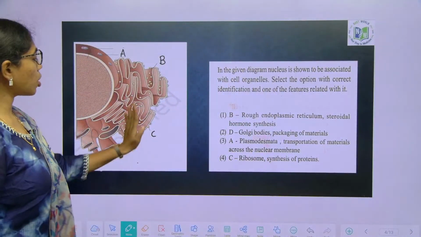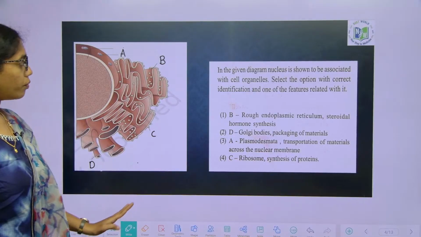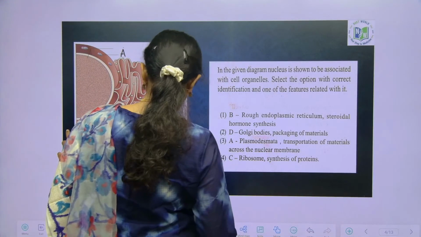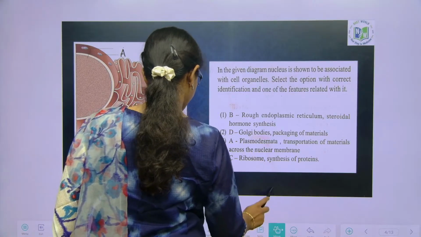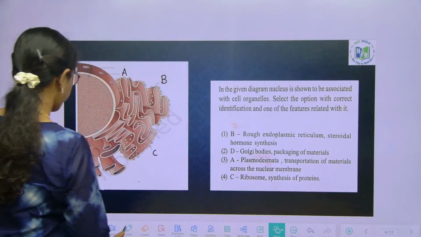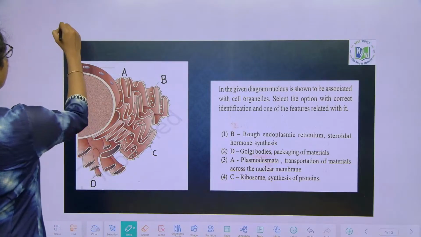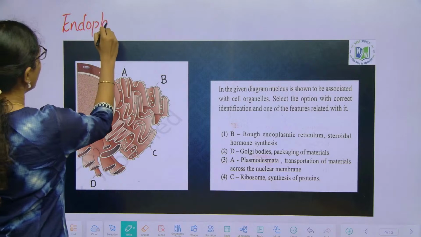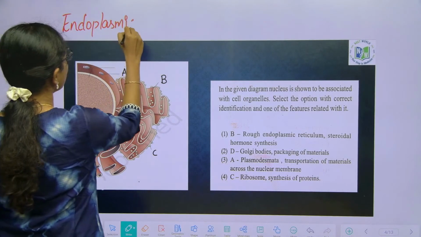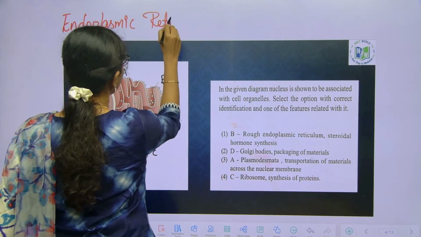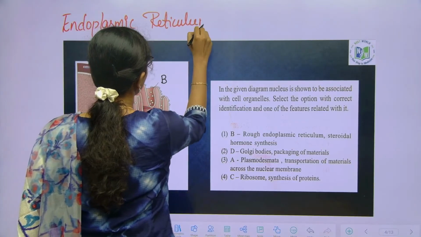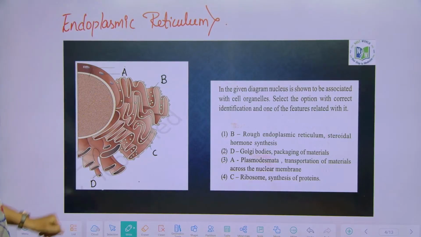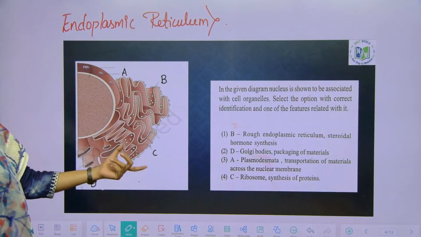This is a question from the extensions of nuclear envelope, that is endoplasmic reticulum. In the given diagram, nucleus is shown to be associated with cell organelles.